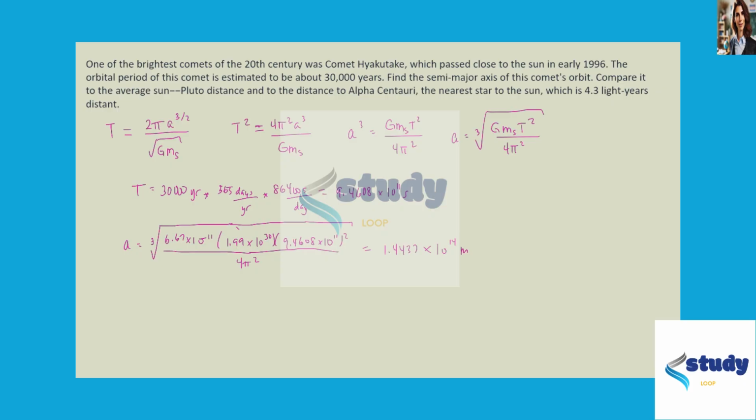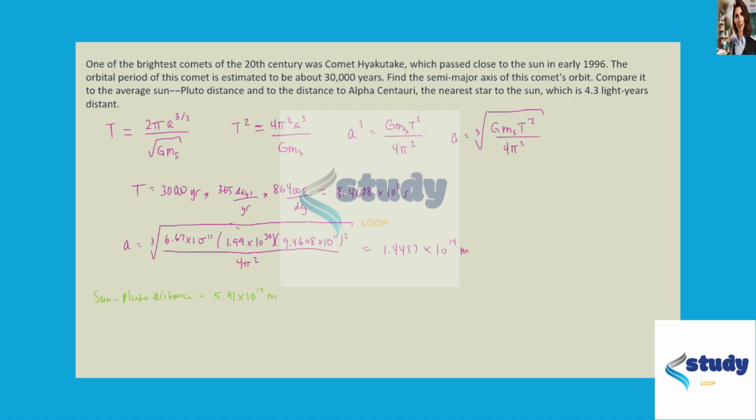And then we are asked to compare to the average Sun-Pluto distance and the distance to Alpha Centauri, the nearest star to the Sun, which is 4.3 light years away. So first of all, the Sun-Pluto distance is 5.91 times 10 to the 12th meters.